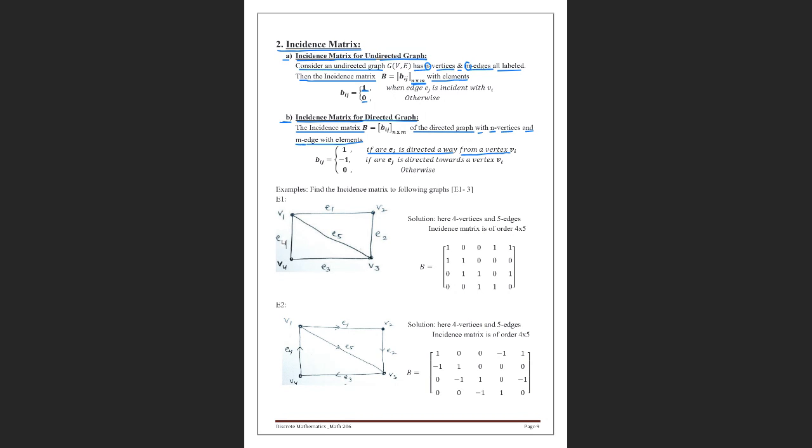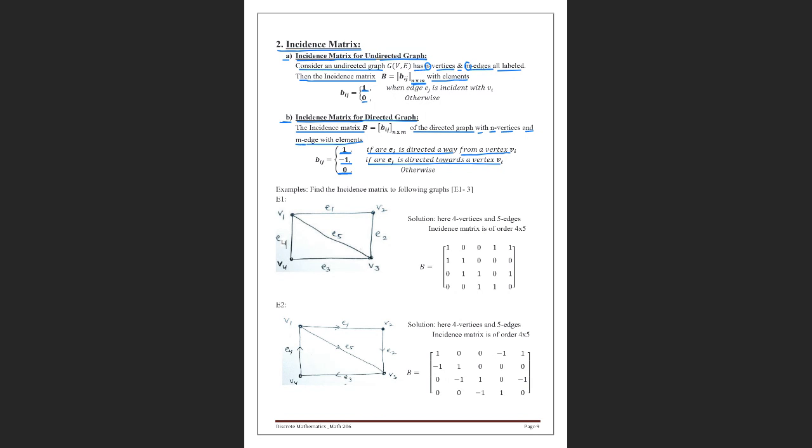If A is going away from the vertex, then you will write +1. And if edge is directed towards vertex, it means if A is coming towards vertex, then you will write -1. And if there is no edge, then you will write 0. Okay. Just remember this.